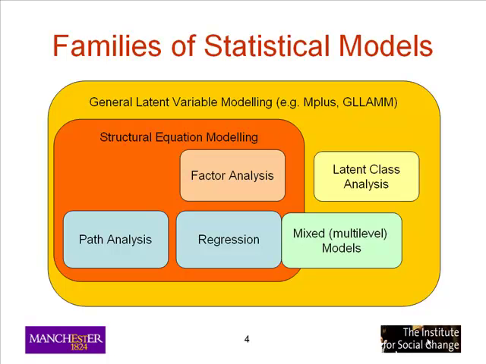In terms of where it fits, there's always some more general model coming along that contains the model that we're interested in. Structural equation modelling is a more general model that includes things like regression analysis, which hopefully you'll be quite familiar with, because that's what I'm going to attach a lot of these relationships to. The idea of path analysis, and factor analysis, we'll discuss what those are.